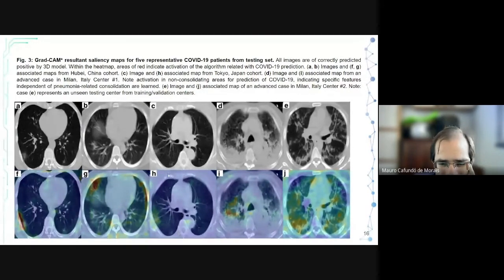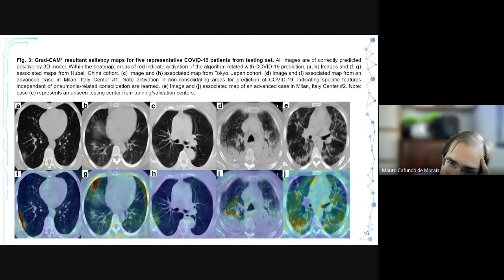So what this does is it kind of searches the weights of the network, and it provides us with a heat map of the regions of the image that are being used by the network for the classification.